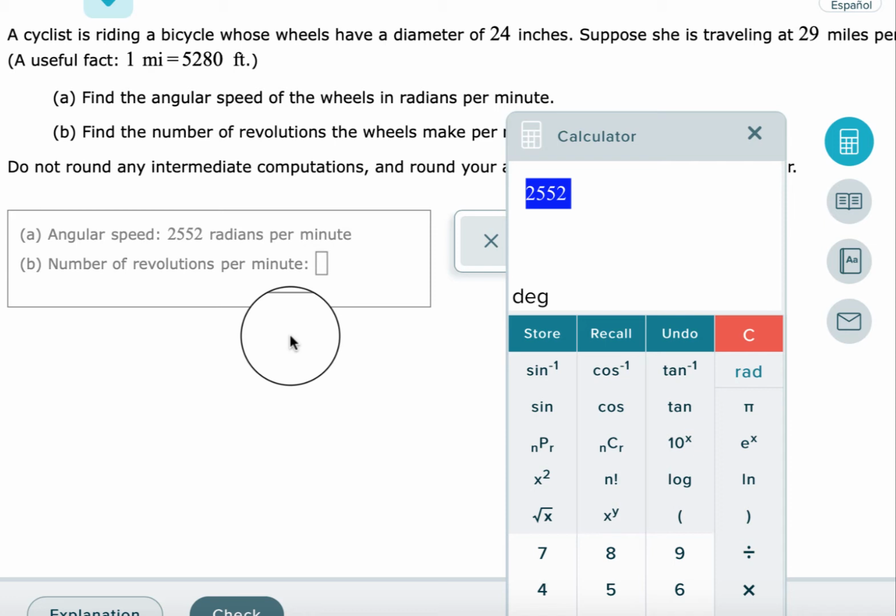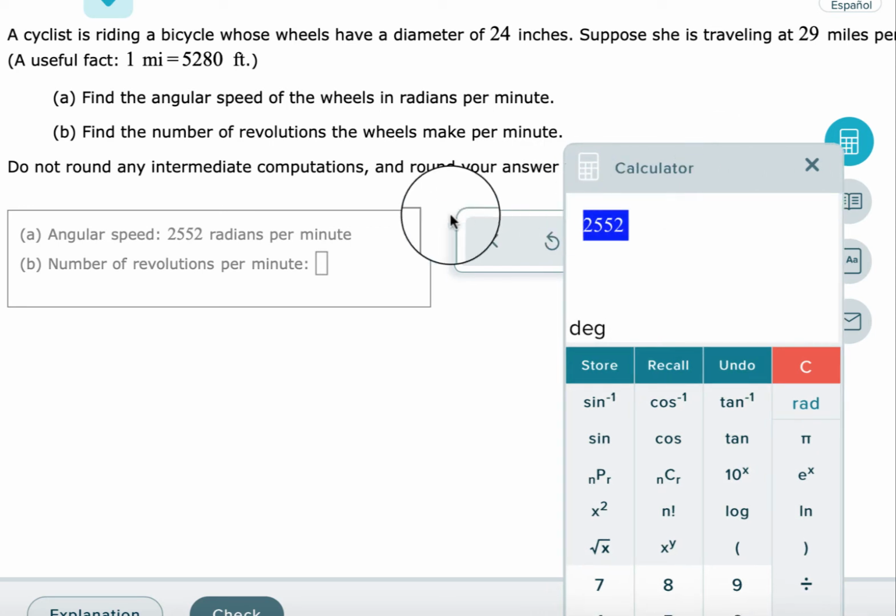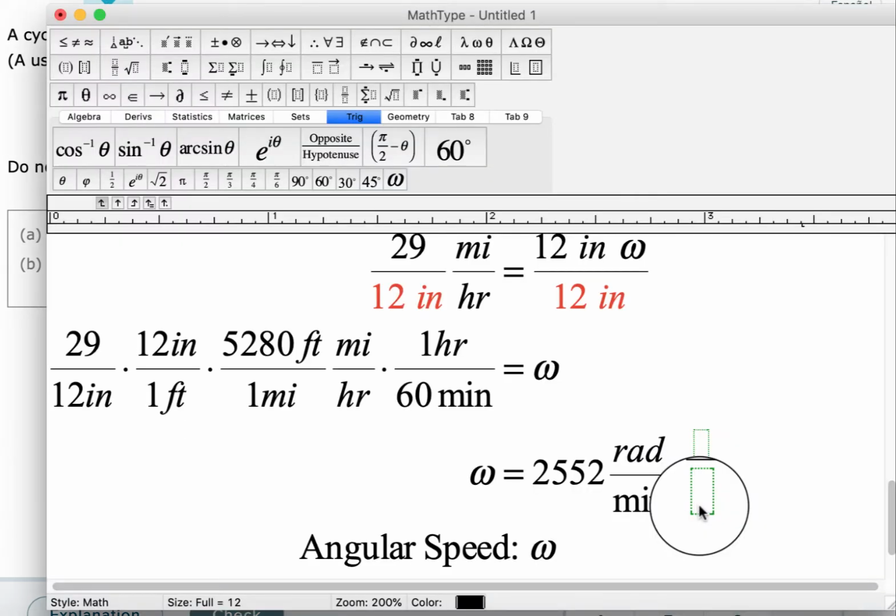Now we want to know the number of revolutions the wheel makes per minute. So we already have radians per minute, and there's a relationship between radians and revolutions. So we know that 1 revolution is 2 pi radians. So we're going to use that conversion to convert the 2552 radians per minute. If I have the radians in the numerator, then I need radians in the denominator, and 2 pi is tied to the radians.